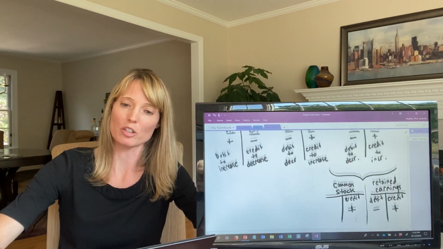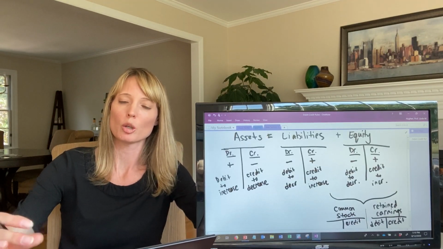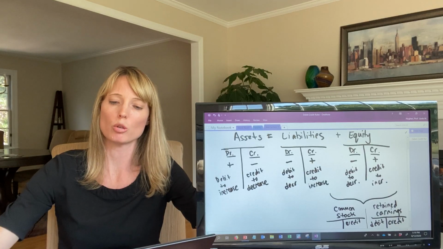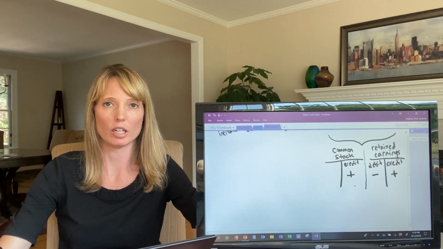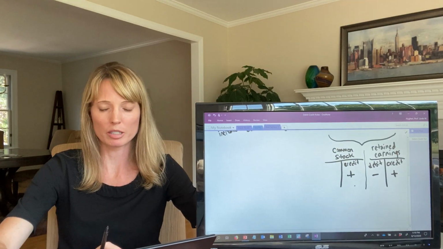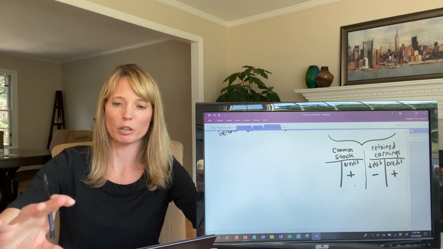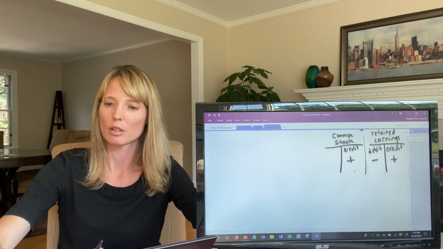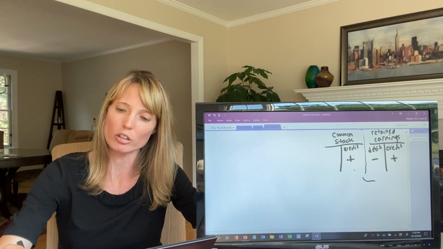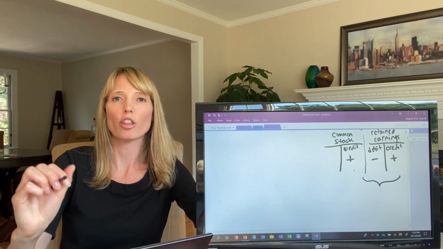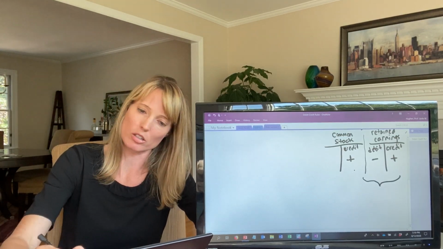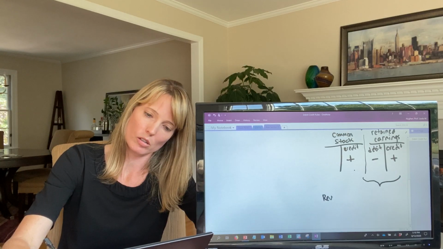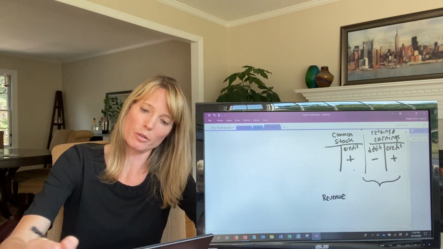So remember, we started off with this accounting equation. We drilled down into stockholders' equity's two components, common stock and retained earnings. We can leave common stock alone. We're just talking about issuing shares of common stock, and that's it. But retained earnings, let's drill down into retained earnings. Three things affect retained earnings. Revenue.